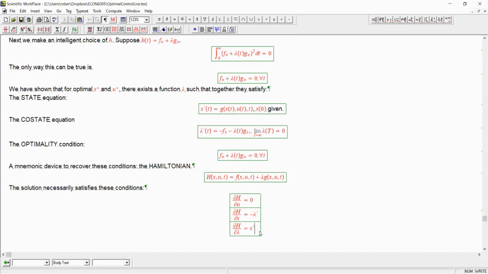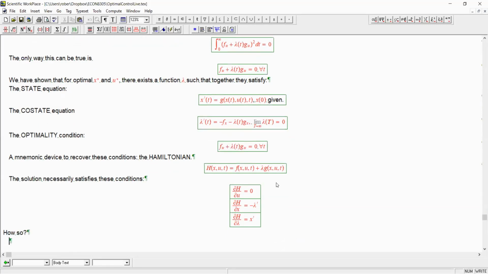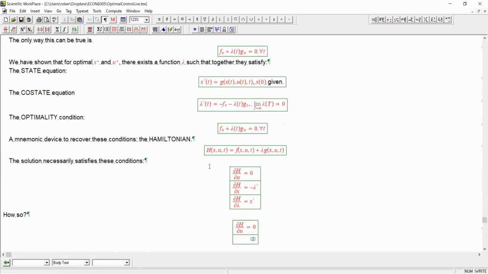Now, how do these conditions help us? Well, let's take them one by one. First, let's look at this condition. If we put the Hamiltonian in here, set that equal to 0, if we're going to differentiate f with respect to u, we get the derivative of f with respect to its second argument.